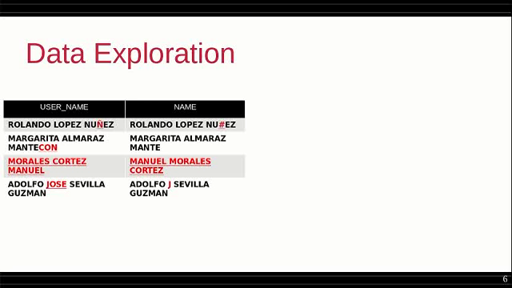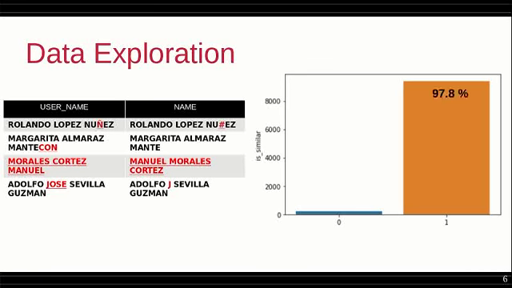In the last example, only one letter of the middle name was placed. For all these cases, the computer, when comparing the two names, will always say that they are different. In the dataset I have 97% similar names and the rest of the records are not.